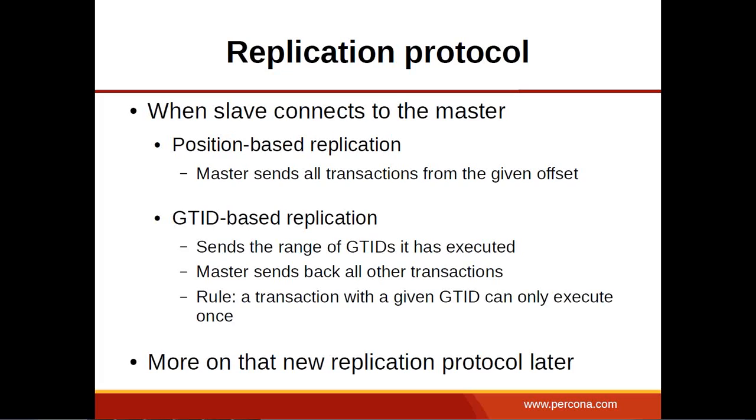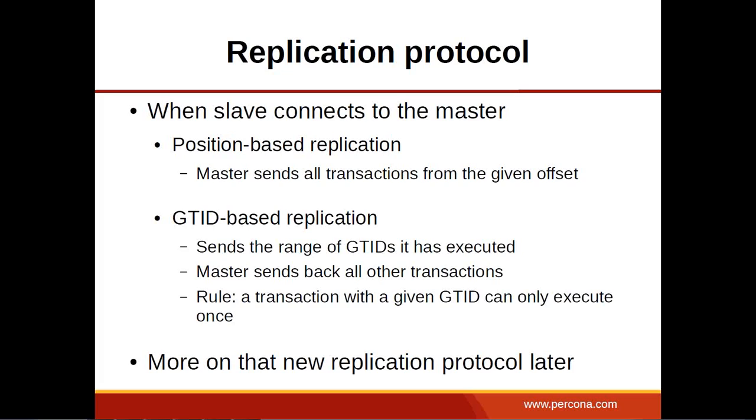With GTIDs, it's not possible. You only say auto position equals 1, and the replication protocol and every part of the system is intended to avoid a transaction being executed twice. We'll see more on the replication protocol later.